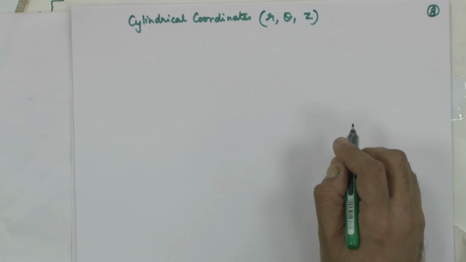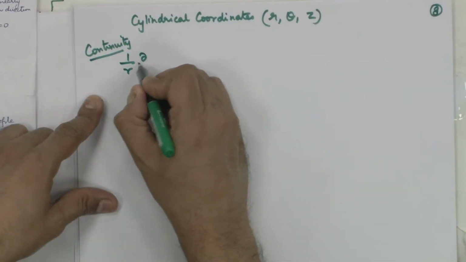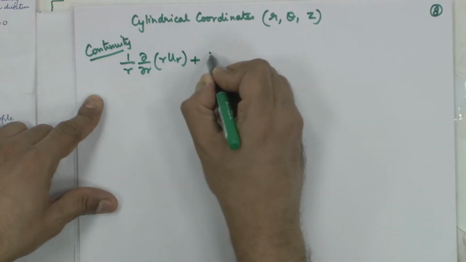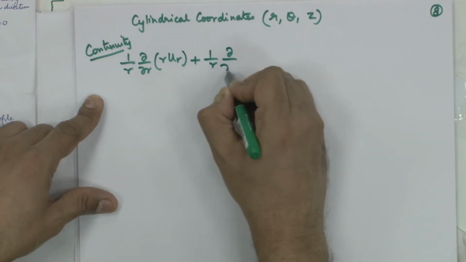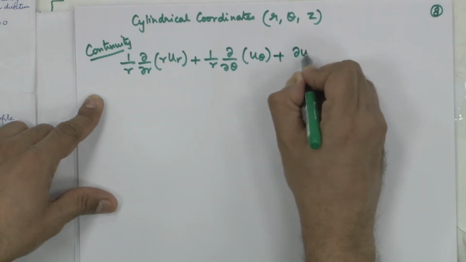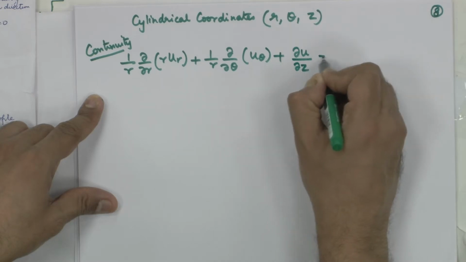The continuity equation in cylindrical coordinates is written this way: 1 by r d by dr of (r u r) plus 1 by r d by d theta of u theta plus du by dz equal to 0.